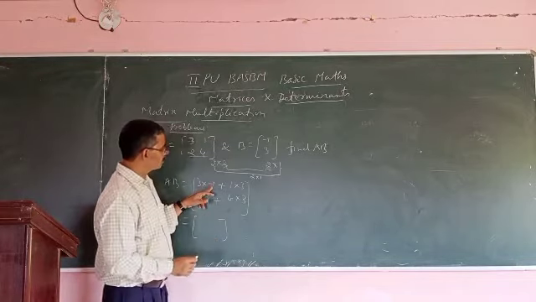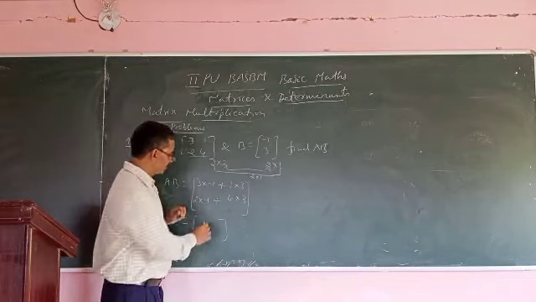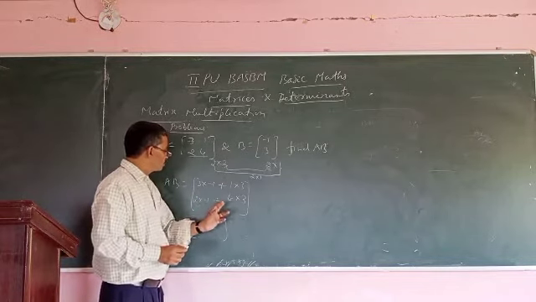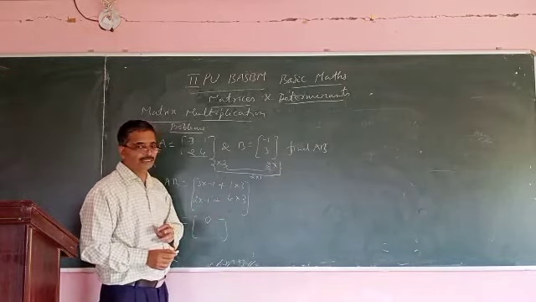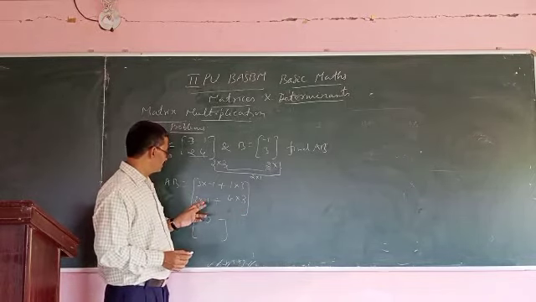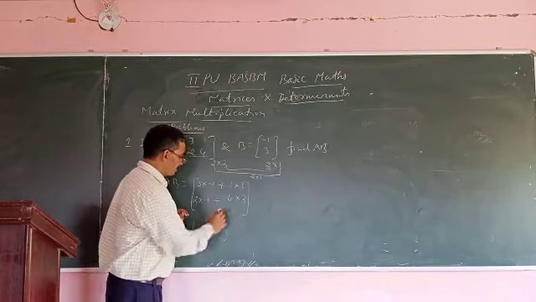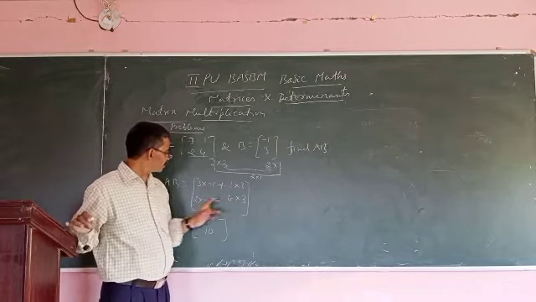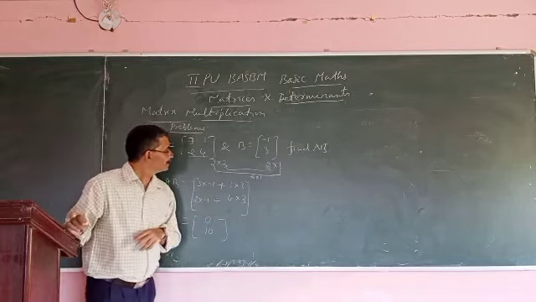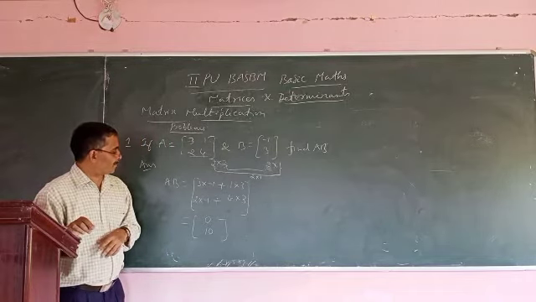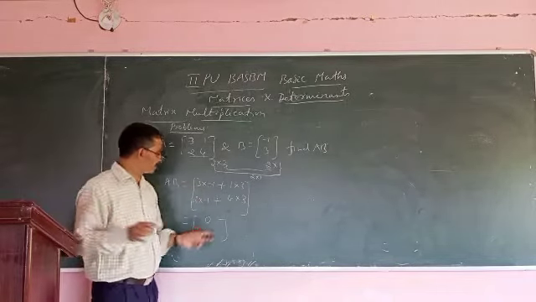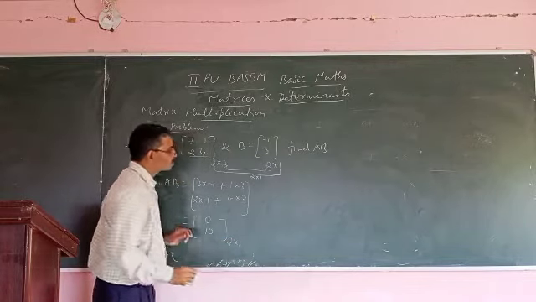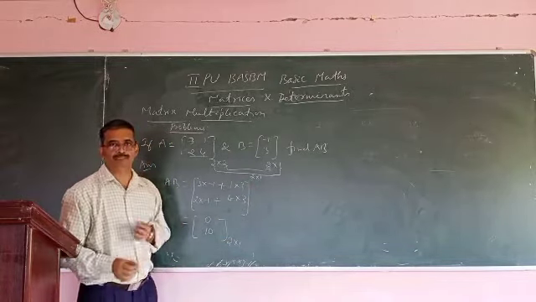So 3 into minus 1 is minus 3, plus 3 is 0. Next, 2 into minus 1 is minus 2, plus 4 into 3 is 12, so 12 minus 2 is 10. Observe this result is of order 2 by 1, which is what we expect.